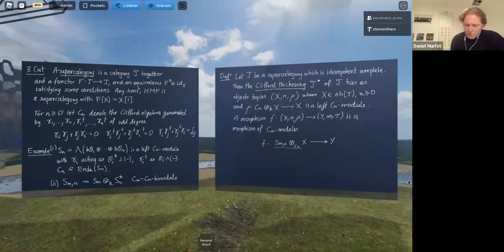So there's a canonical way of turning X into a Cm module, right? Because this is a Cm-Cn bimodule, and X is a left Cn module. So I can just form this tensor product, and then I can ask for a Cm module map from that tensor product to Y. And then you can compose those things in a reasonably obvious way. So that's a category, the Clifford thickening.